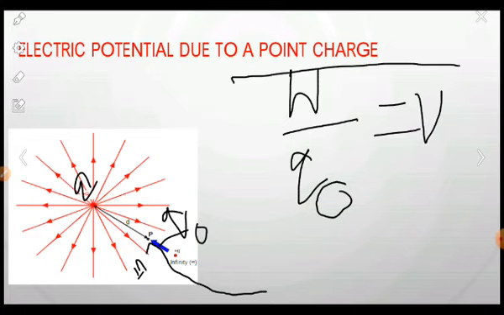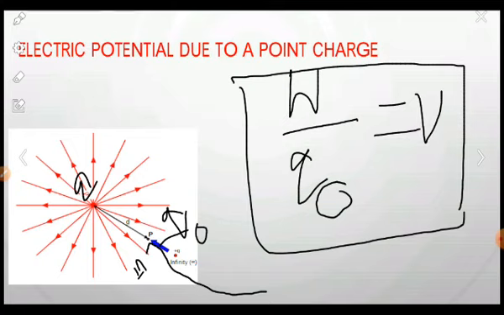Now we want to derive the formula for this electric potential here. When this Q naught is placed inside the field, there is a force of attraction between the given charge Q and the charge placed at the point A, Q naught.